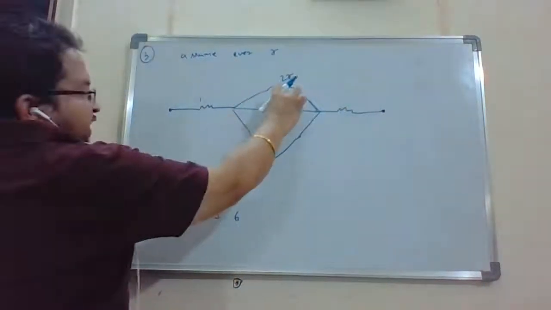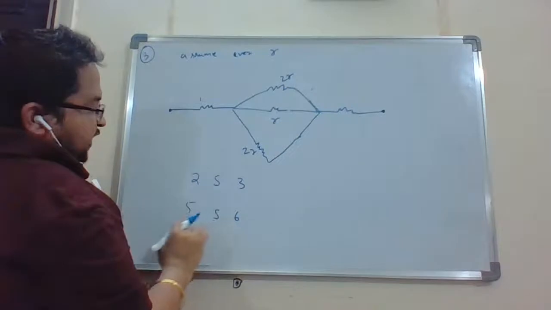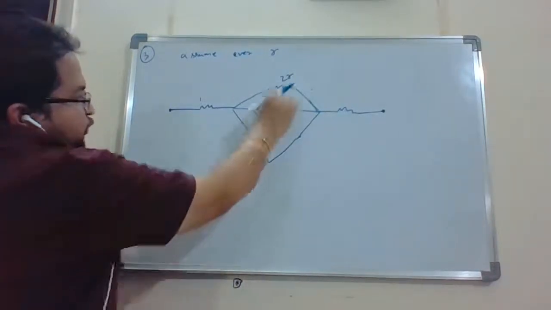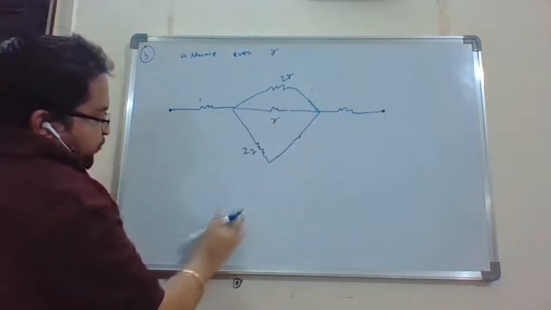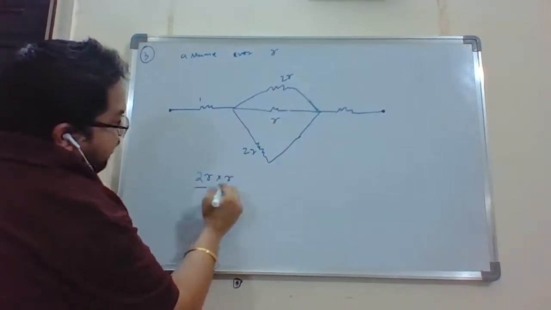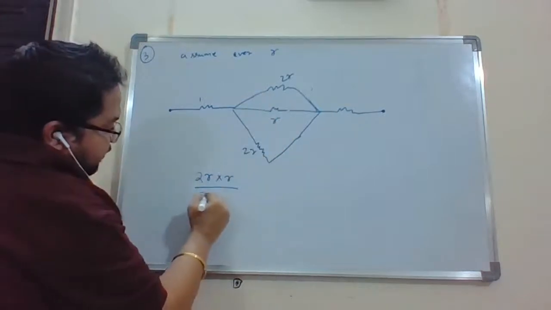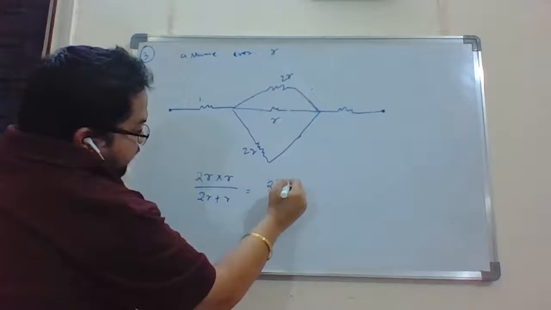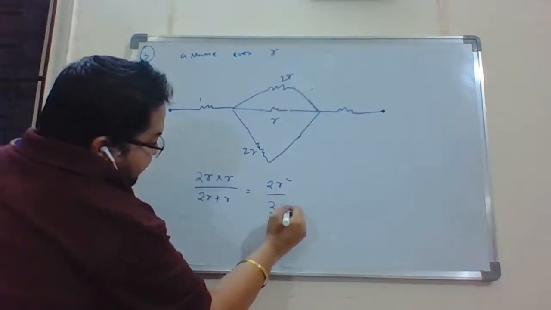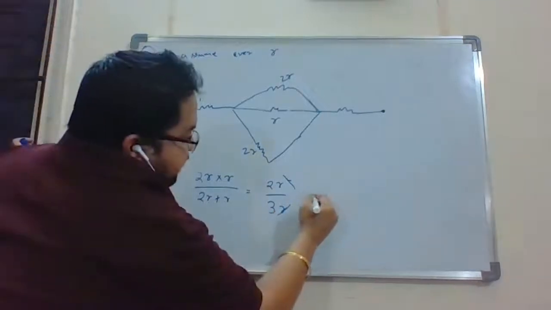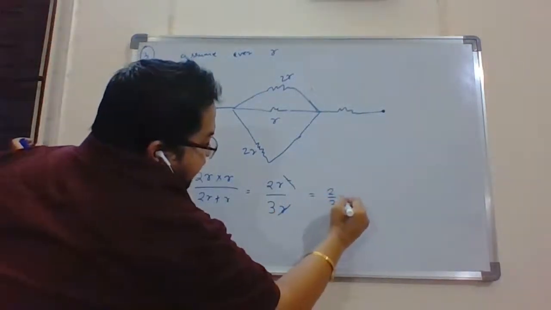So let us find out, if these three are in parallel, then what is the value. 2R and R are in parallel, so it would be 2R into R over 2R plus R, which is nothing but 2R squared by 3R. R gets cancelled, so this is nothing but 2 by 3R.